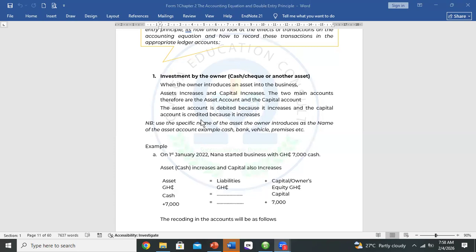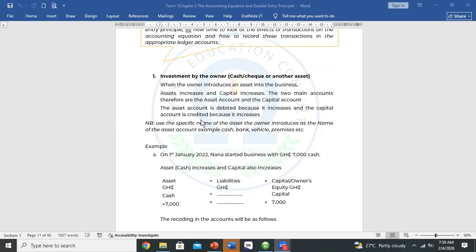So here, if the owner is making an investment in a business, in essence, it means the owner is giving something to the business. So when you open the owner's account, you would have to credit the owner. But in business, the account we open to represent the owner is the capital account. So that is why we open capital and credit capital account for investment made by the owner.